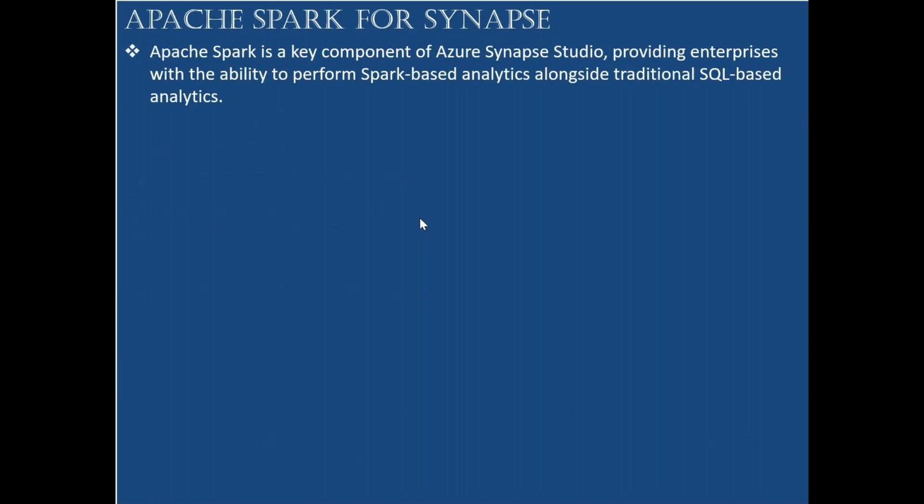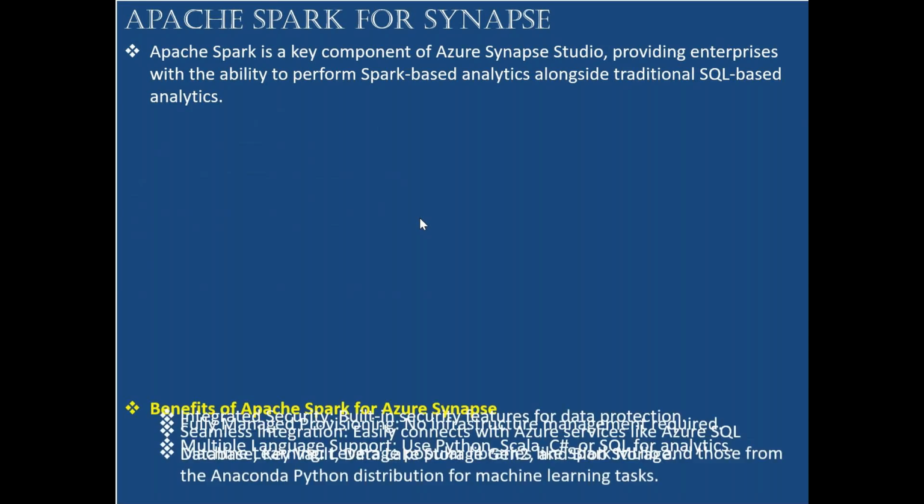That is separate, and that is basically traditional SQL-based analytics. But if you really want to do enterprise-level data transformation using the Spark pool, that is also available. Within the Synapse notebooks, you can write the code and execute that code through this particular Spark pool.